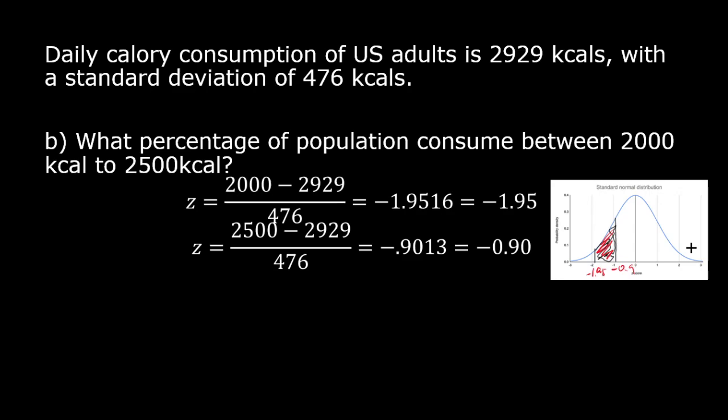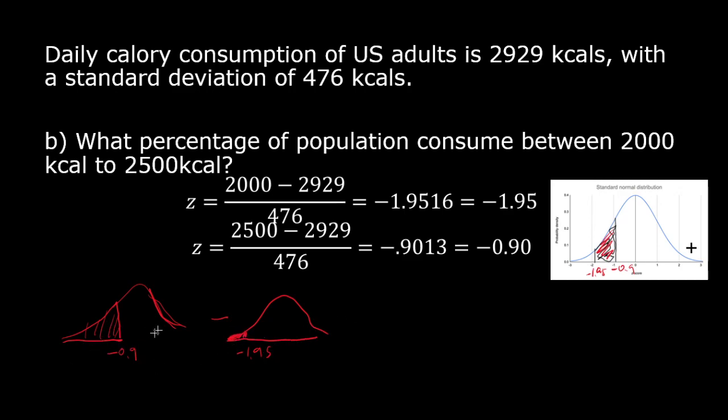Okay, so how do we find the area when it's between two numbers? Well, here's the idea. If I have everything up till -0.9, this much shaded, right? And then I subtract, it should be more symmetric, subtract this tiny piece, -1.95, this part.